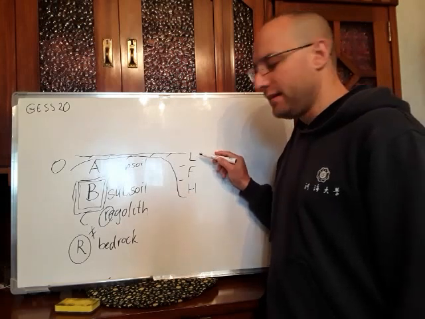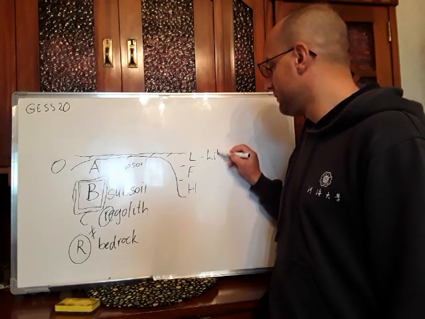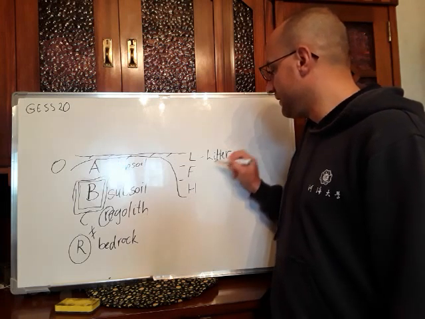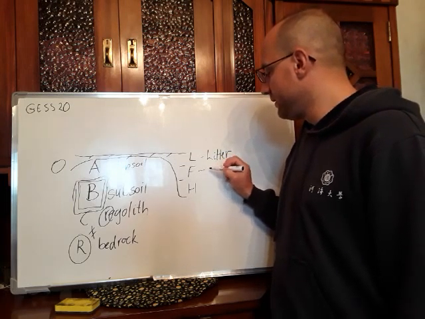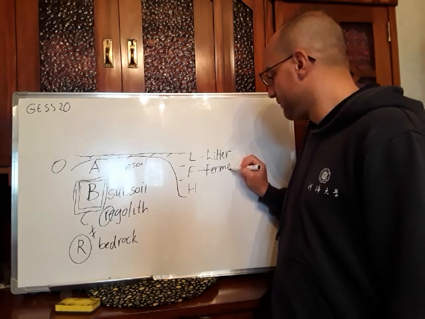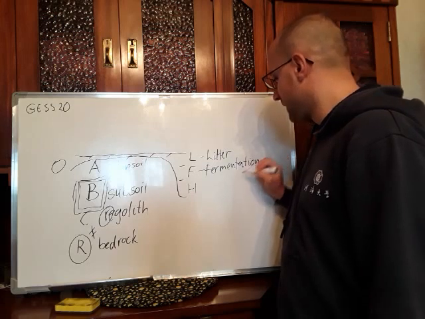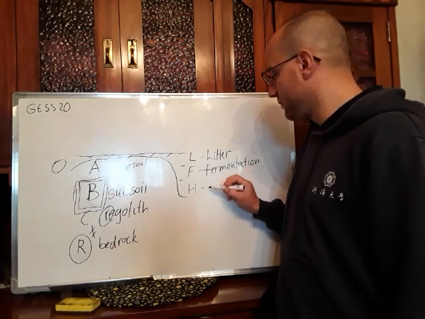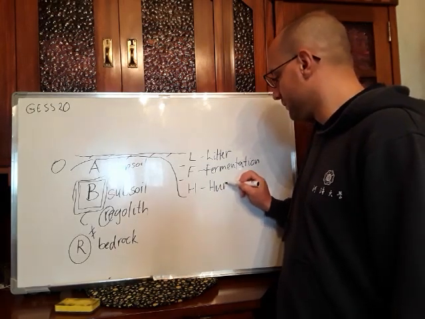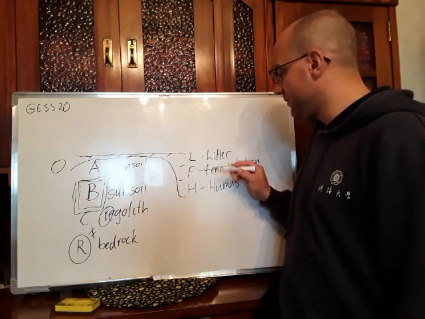Now the L is from litter, or the leaf litter material. The F is the fermentation. And below that will be the humus. How can we then relate these to each other?